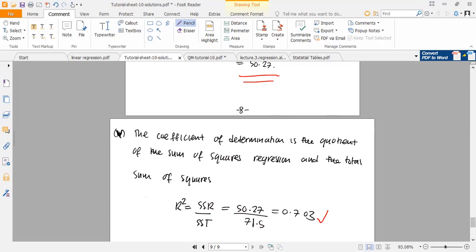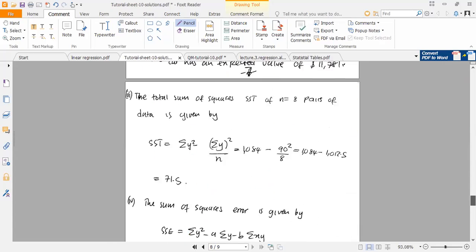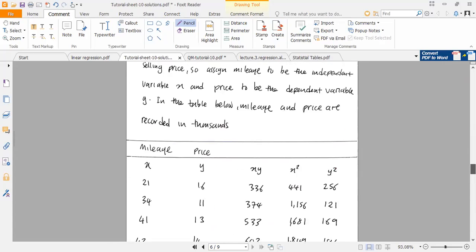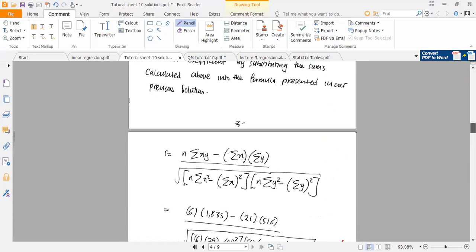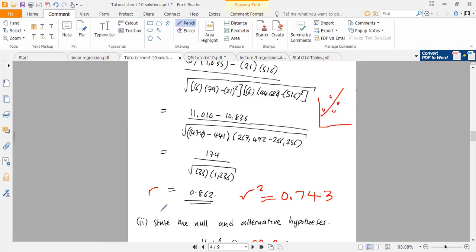If you cannot remember this, you still have the formula that we had at first that you could still use. The answers will still be the same. The first question that we did here, we calculated our r right here, then we squared it to get our coefficient of determination.